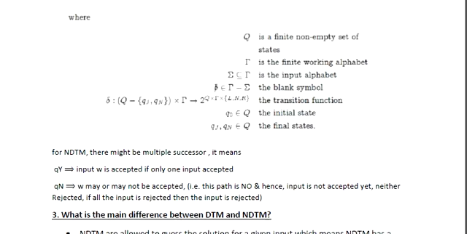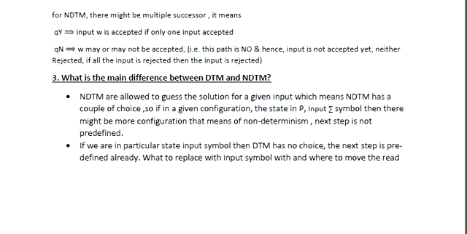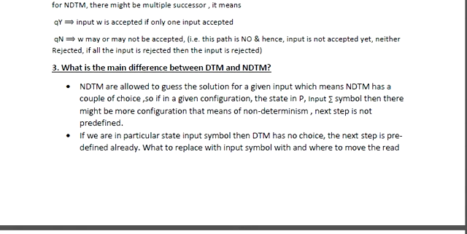So the last question in this video: what is the main difference between the deterministic and non-deterministic Turing machine? The first is that a non-deterministic Turing machine is allowed to guess the solution for a given input, which means it has a couple of choices. If in a given configuration at state p we read input symbol sigma, there might be several configurations in the next step.